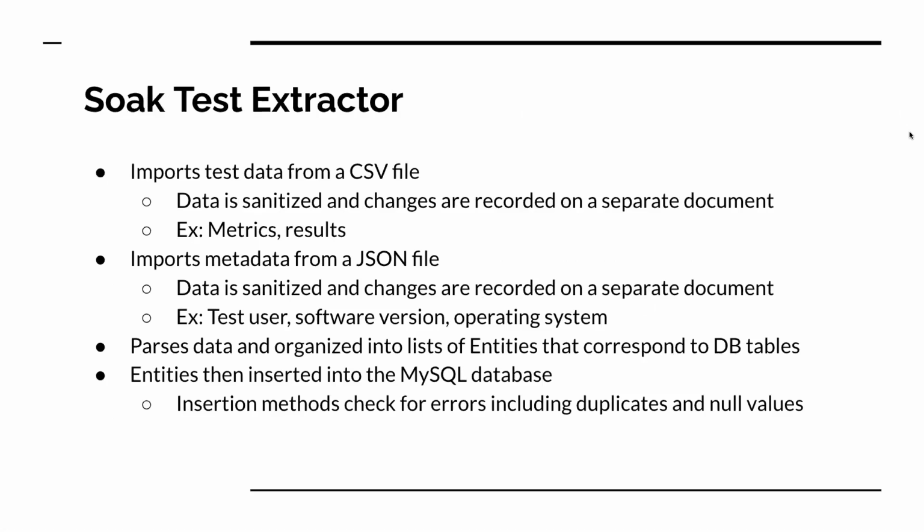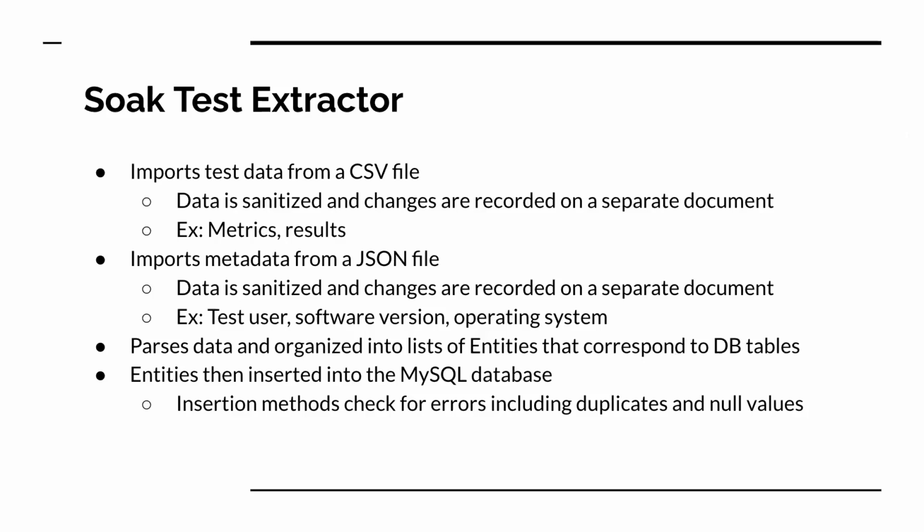Hi, this is Anna again. So the first feature that we implemented was the soak test extractor. This involved importing test data from a CSV file. This test data includes metrics and their results. That data is sanitized, and then we also imported metadata from a JSON file.